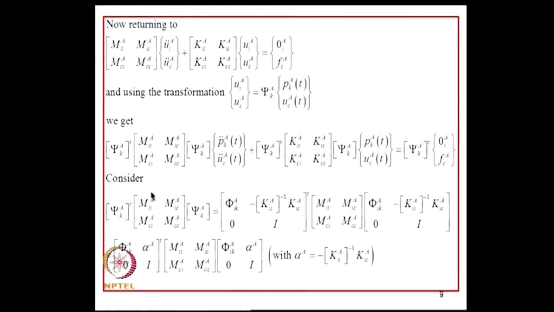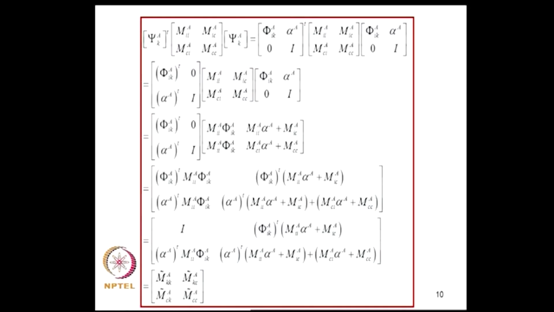So, if we now consider this matrix transpose into M into this and analyze this a bit, we get terms involving phi I k A transpose into M I A into phi I k A, which I know is a diagonal matrix, because this is a modal matrix of fixed interface system whose mass matrix is M I of A. So, making some of these simplifications, we get the mass matrix for the substructure to be this.